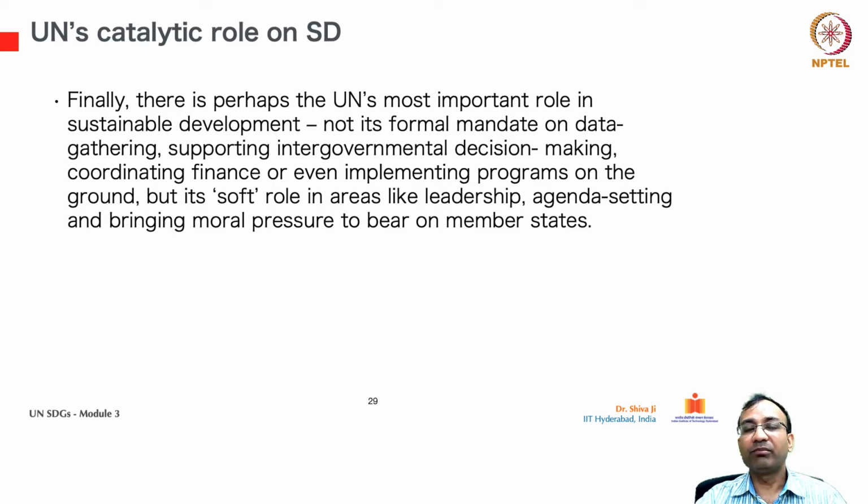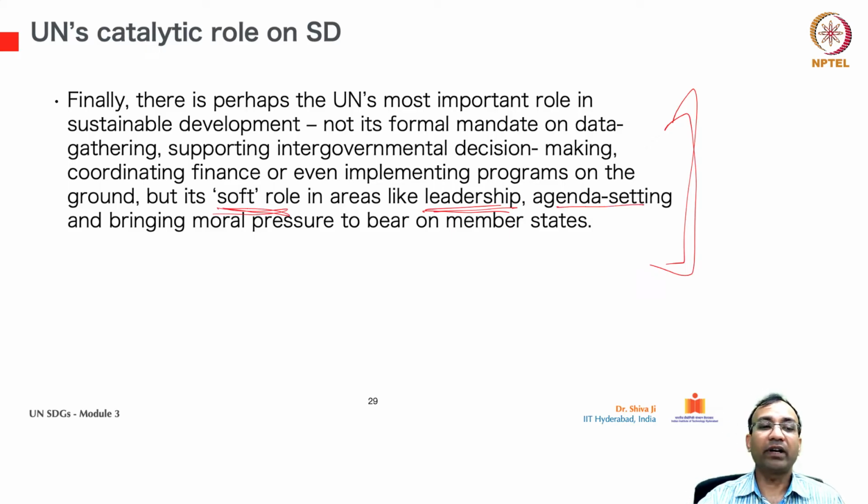So this is the most important, a catalytic role to lead this sustainable development, and play its soft role in areas like leadership, taking the lead at global level and moving things on track, agenda setting, targeting, aims and objectives, what needs to be achieved in what time frame and how, and bringing moral pressure to bear on the member states.